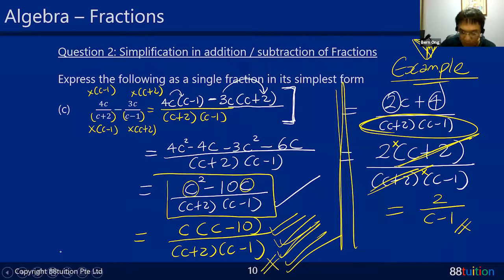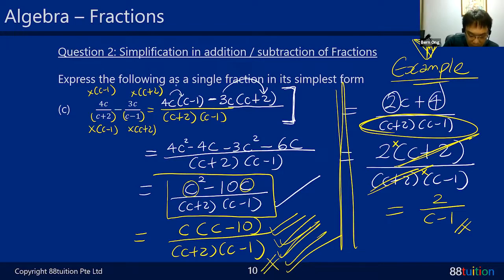You don't know how to get C squared minus 10C? No, I mean the first part of the question where you put equals. The yellow one. For question 2, right? Can you repeat which part again? The one which you put equals just after the question.